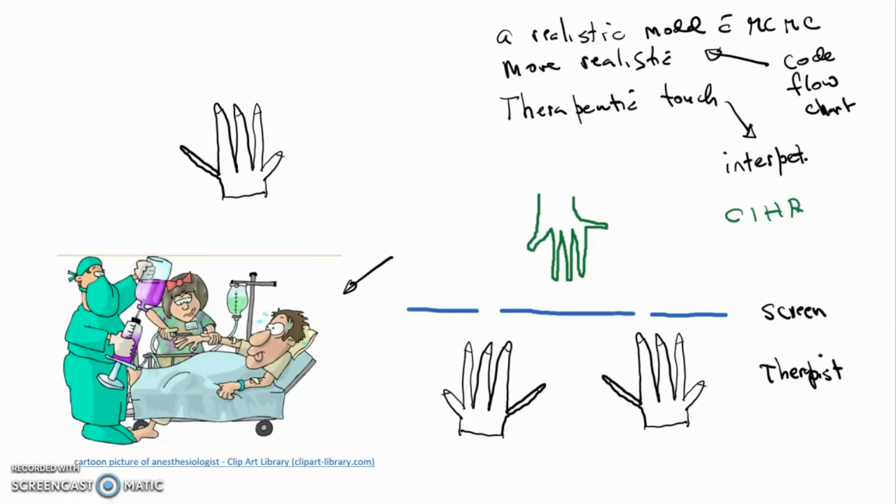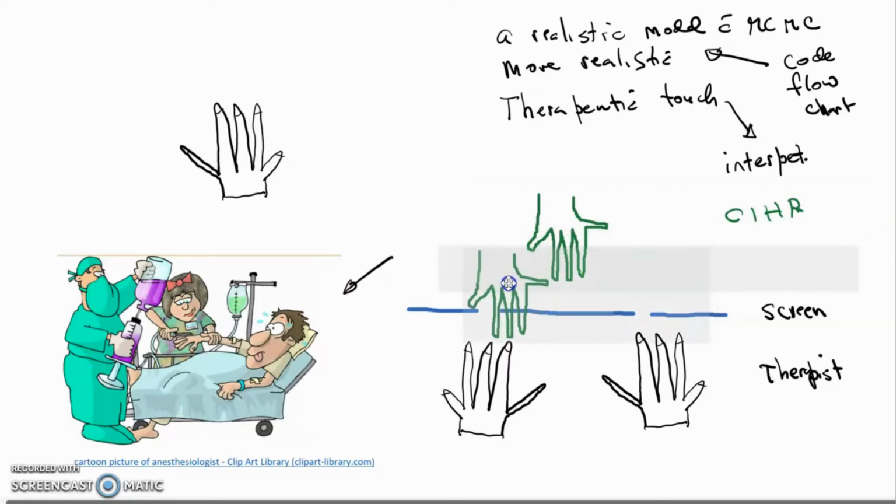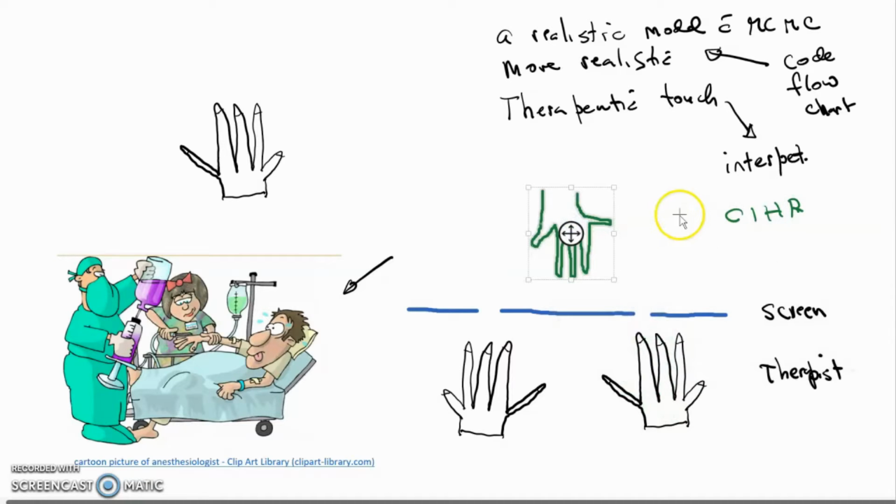Our scientist takes their hand, moves it through a hole in the screen, and either hovers it over the left hand of the therapist or hovers it over the right hand of the therapist. That is a choice that's made randomly. Then the therapist responds by saying either the scientist's hand was over my right hand, or the scientist's hand was over my left hand.